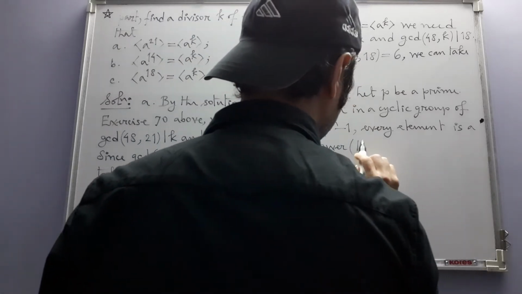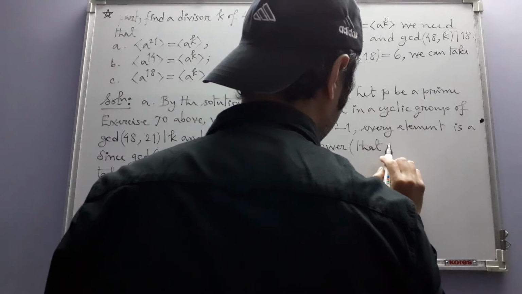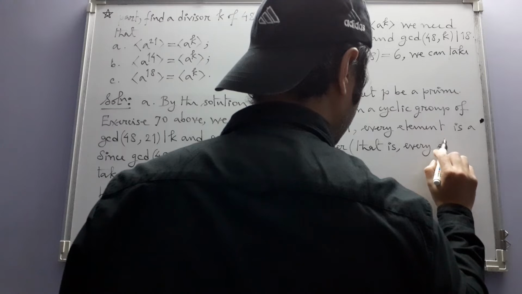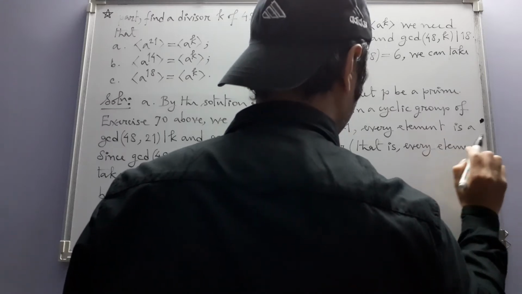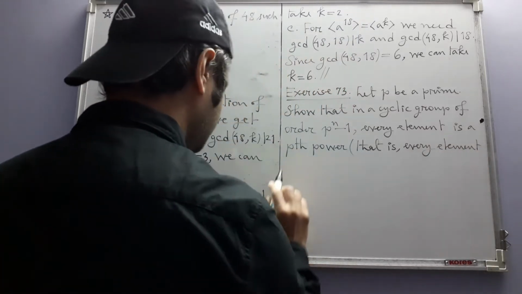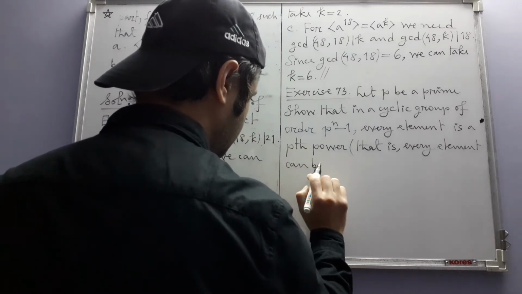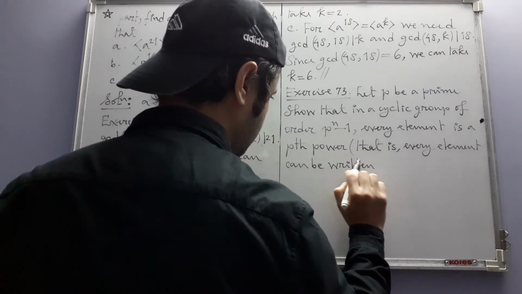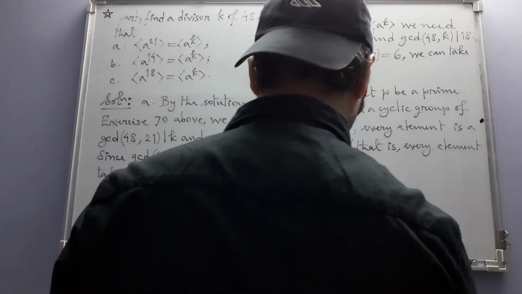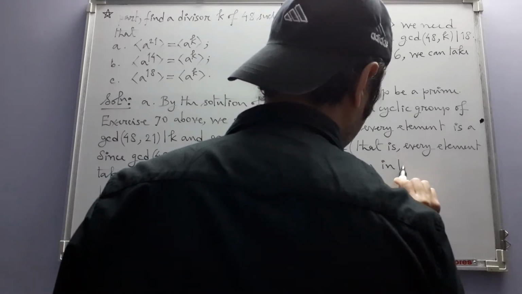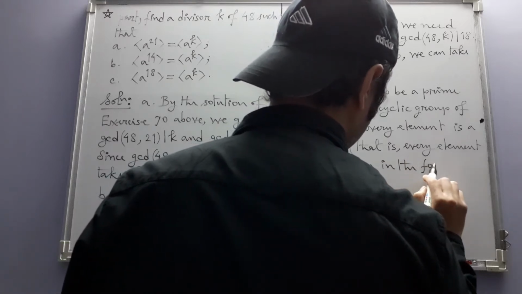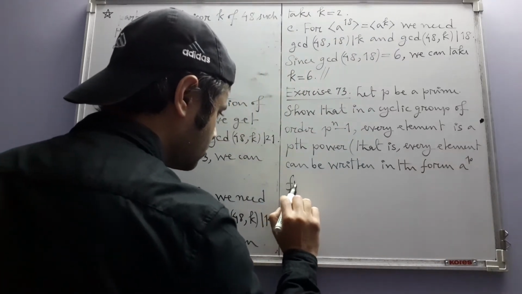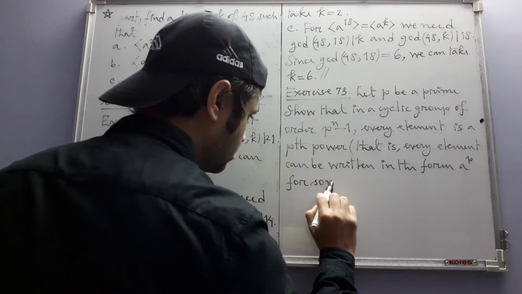That is, every element can be written in the form a to the power p for some element a in the group.